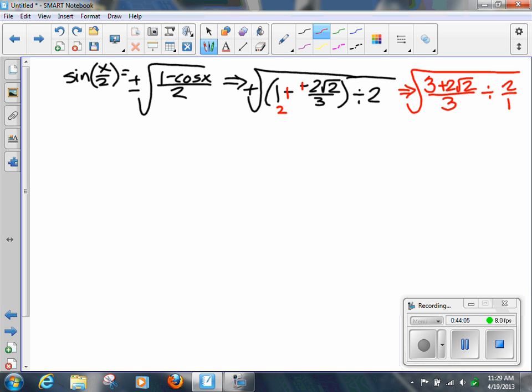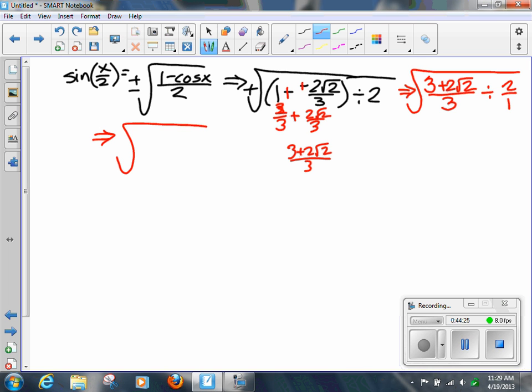This is actually like having 3 over 3 plus 2 root 2 over 3, and I'm smushing them together: 3 plus 2 root 2 over 3. Okay? That's what I'm doing. Now, keep moving.